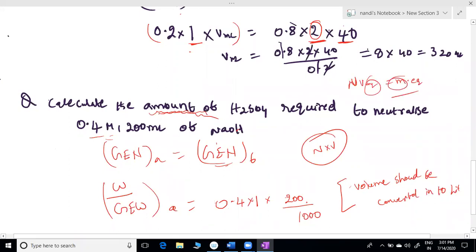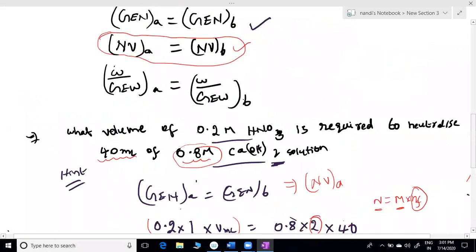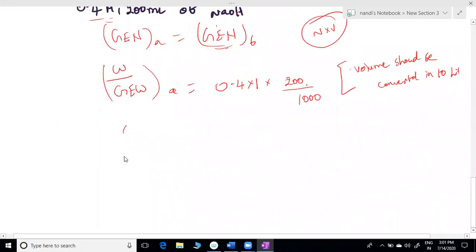Now try, how much will you get? The weight of H2SO4: 49 is the equivalent weight of H2SO4. Into 0.4 into 1, into 2, into 200 by 1000. Can you calculate?